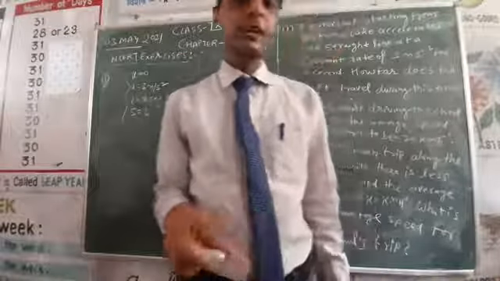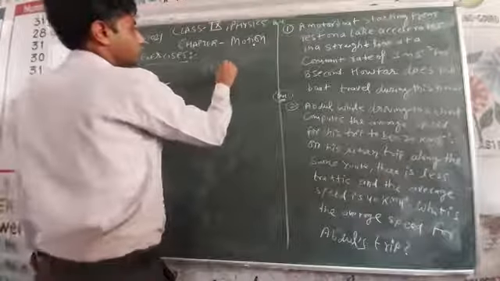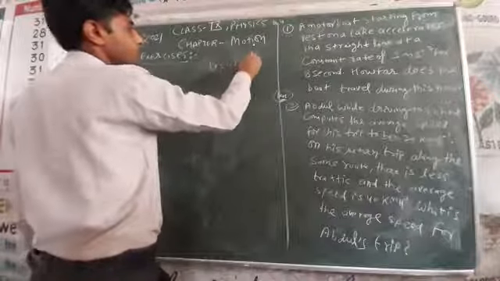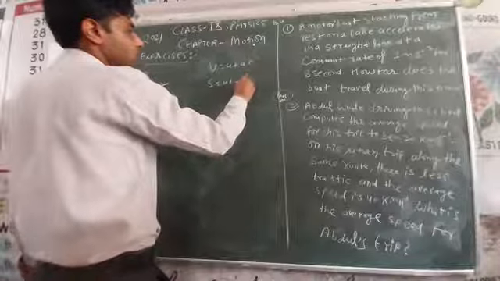As you know, you can find distance by using the 3 equations of motion. The first equation of motion is s equal to ut plus 1 upon 2 at square.